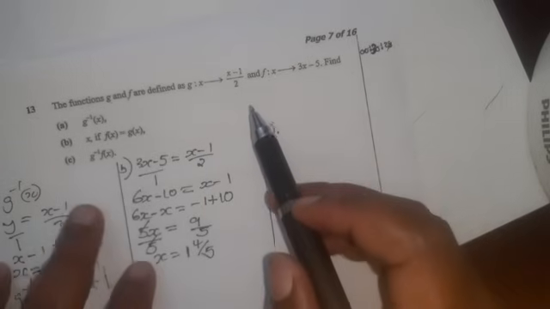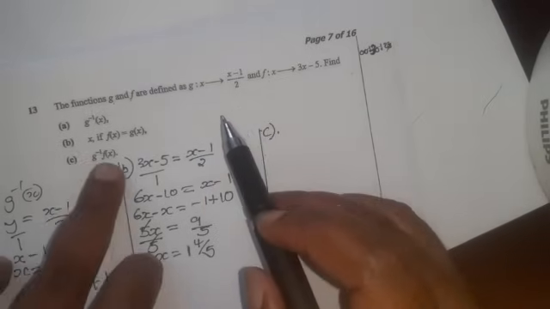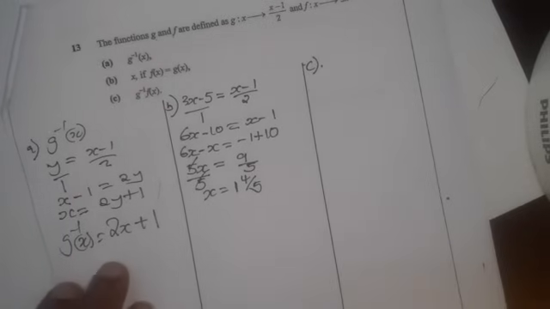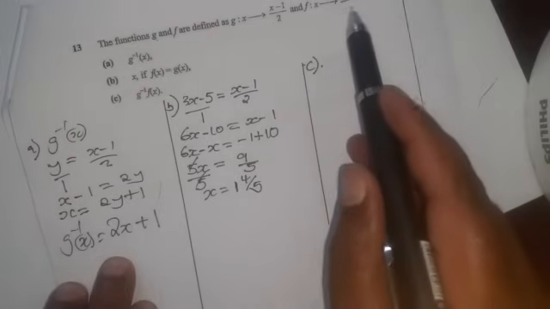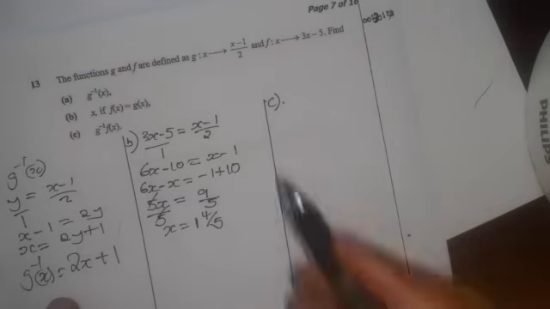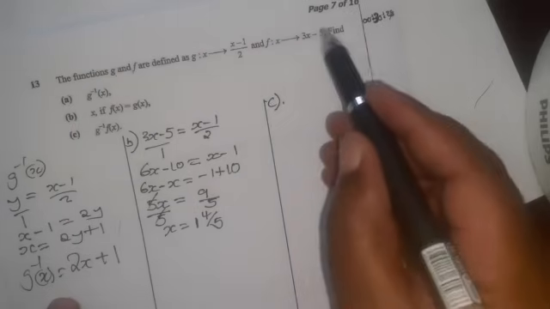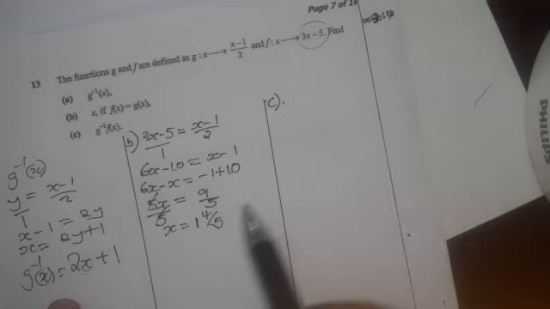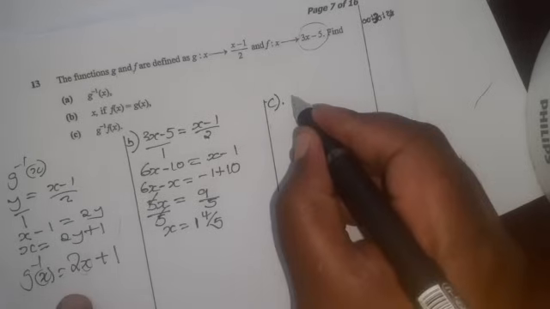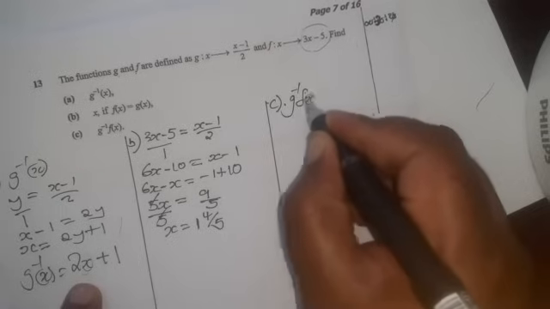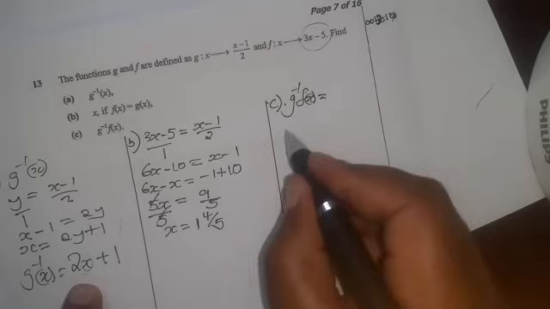Let's find the composite function of the inverse of g and f of x. We know the inverse of g is this one, so this should be put here. We are going to say the inverse of g with the f, when we combine, what do we get?